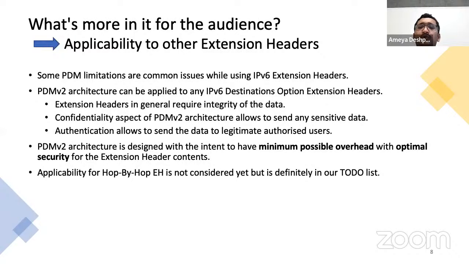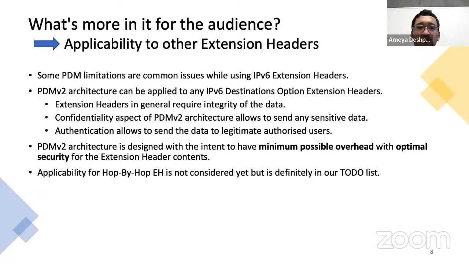As I mentioned, they could be used as a covert channel. To avoid this, some of the PDM features are quite beneficial in this scenario. Then with respect to confidentiality, if any sensitive data needs to be sent in extension headers, Pdm Veto can allow for that. And yeah, authentication, of course.